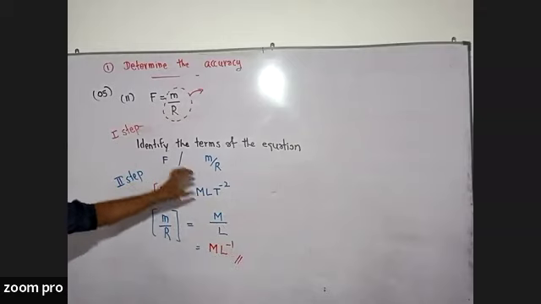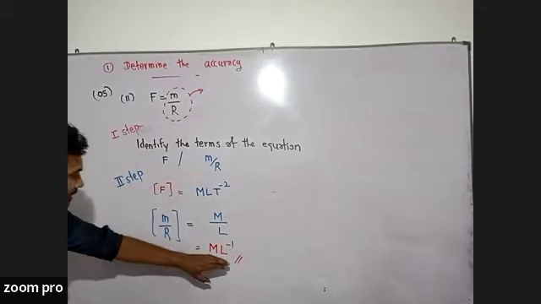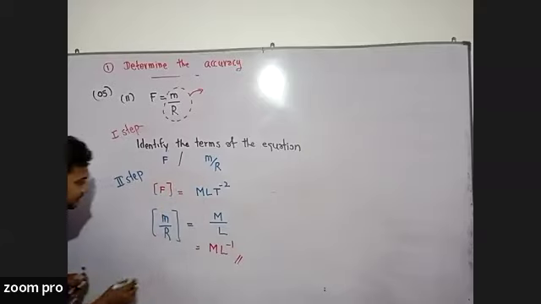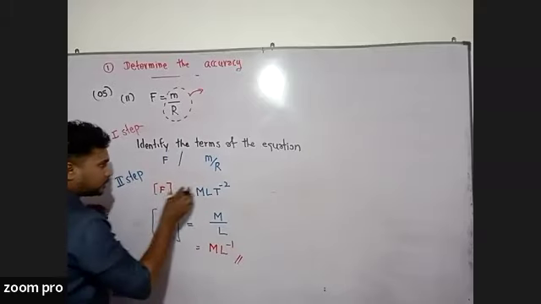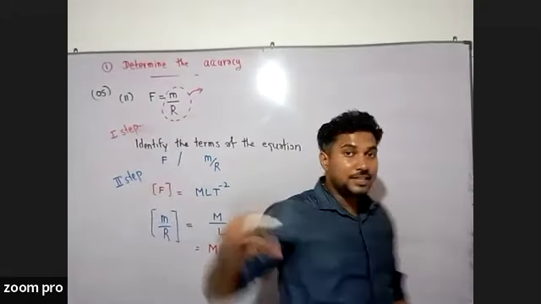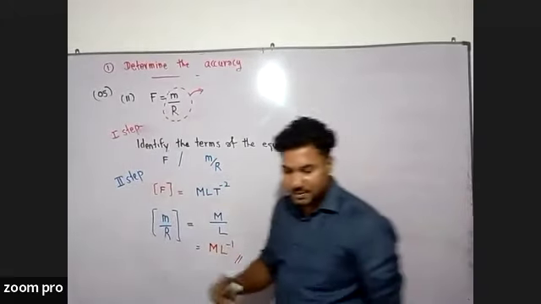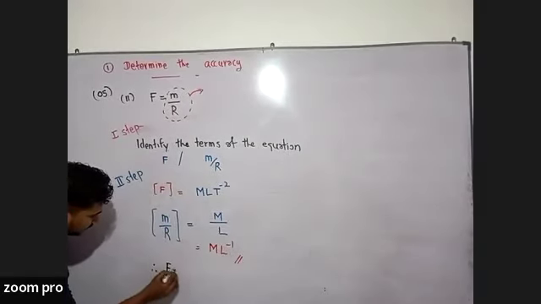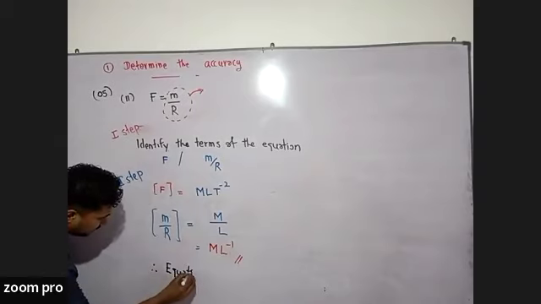Now this is the dimensions of F and this is the dimensions of M over R. You can clearly identify that there are two terms in this equation, but each term has a different dimension. So the conclusion is, therefore, the equation is not accurate.